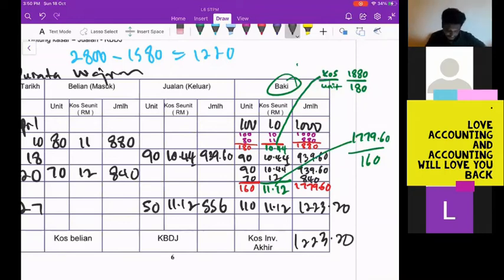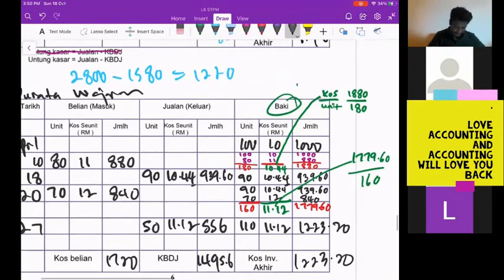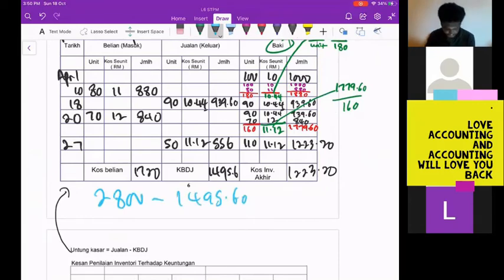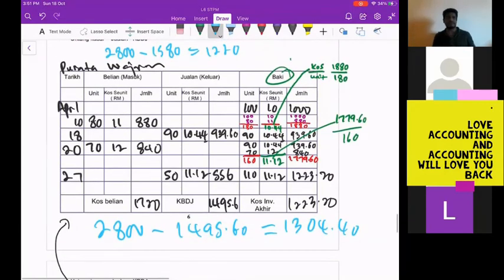Then jumlah is 939.60 plus 556, I get 1495.60. And this one is AA0, 840, it will be the same lah, 1720. And you need to calculate the untung kasar. Okay, untung kasar is 2,800 minus 1495.60, which is $1,304.40.